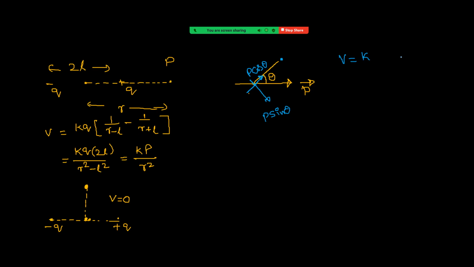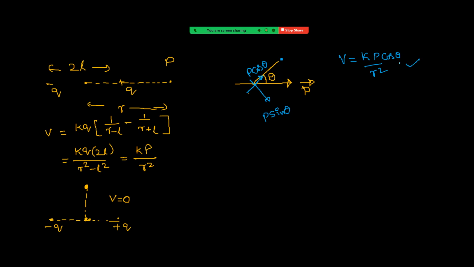So V equals k p cos theta by r square. Next, coming to p sin theta, for this dipole that point is on its perpendicular bisector, and on the bisecting plane at any point potential is zero. So because of this dipole there is no potential at that point. Therefore, this is the potential due to dipole at a general point.